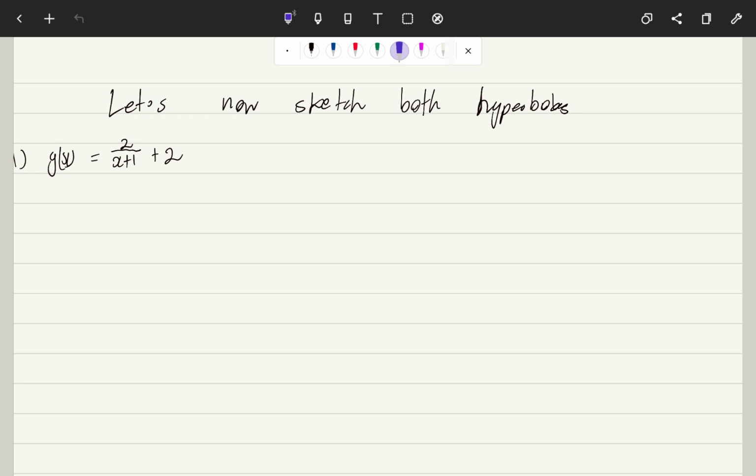So with this one, this is my advice. I'm going to write this down and erase it for space when we start writing. When you try to sketch a hyperbola, first draw your asymptotes.